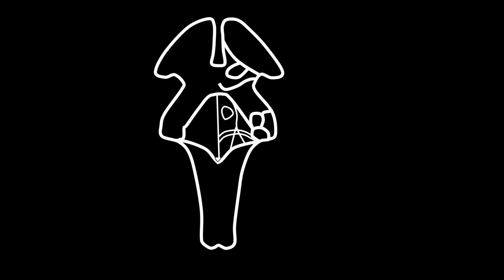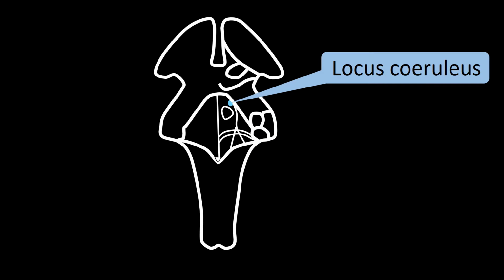Before leaving the rhomboid fossa, I want to tell you about 2 structures. For one of them, I will use a sky blue color pencil. I will use it to put a dot above the facial colliculus. This dot is the norepinephrine-rich locus coeruleus.